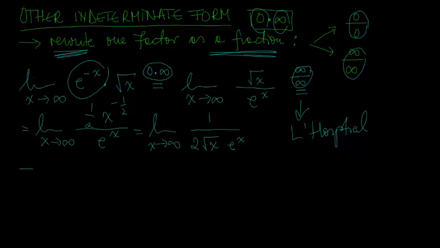So now if I evaluate, at infinity I have 1 over 2 square root of infinity, which is infinity, e to infinity is infinity, so I get 1 over 2 times infinity, 1 over infinity, which is just 0.